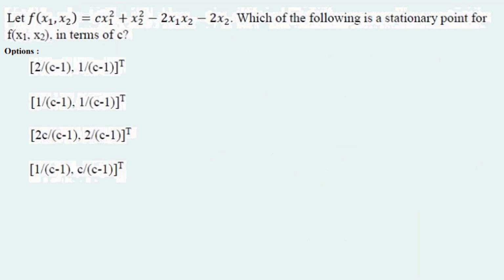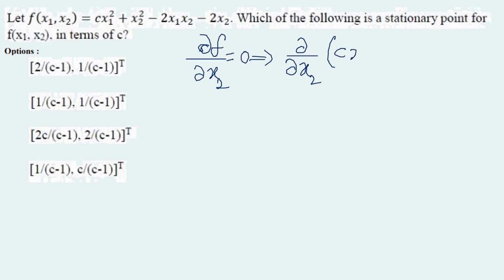Now find the partial derivative of the function with respect to the other independent variable x2 and equate it to 0. That yields dou by dou x2 of c x1 square plus x2 square minus 2 x1 x2 minus 2 x2. Now as we are finding the derivative with respect to x2, we have to treat x1 as constant.